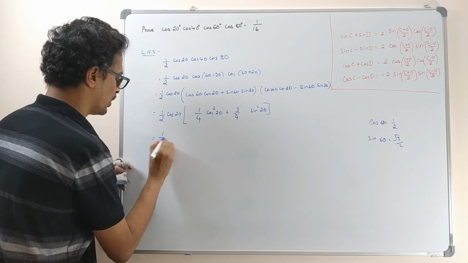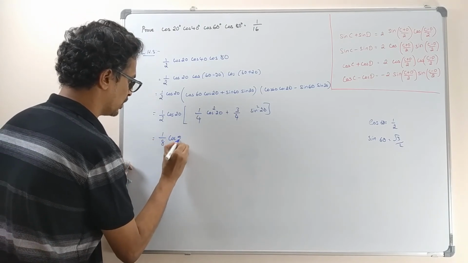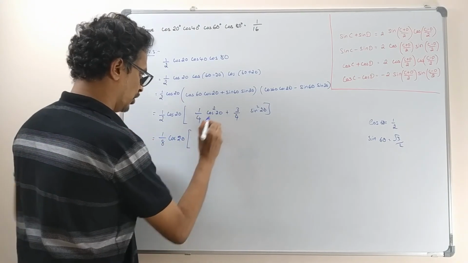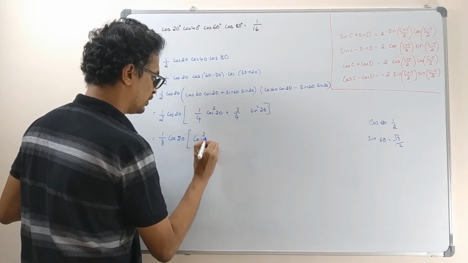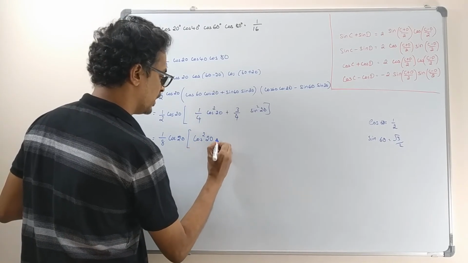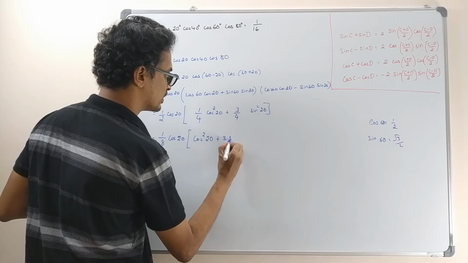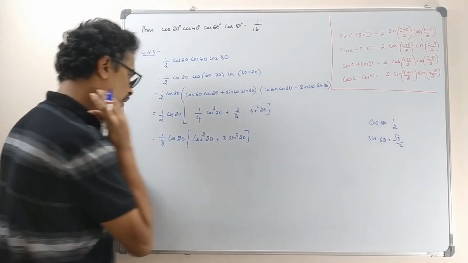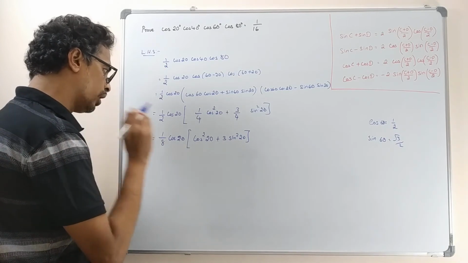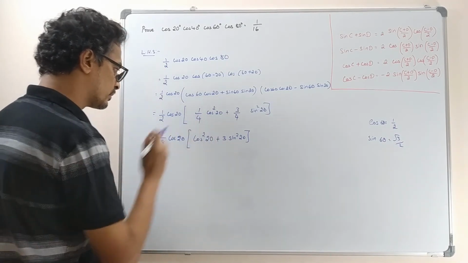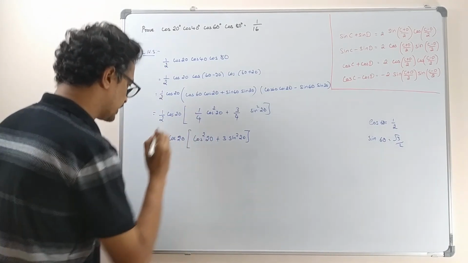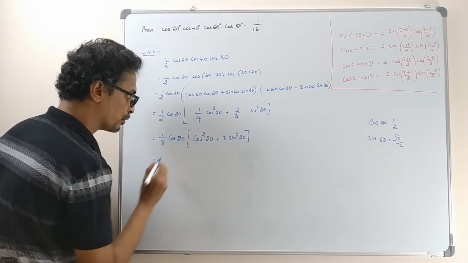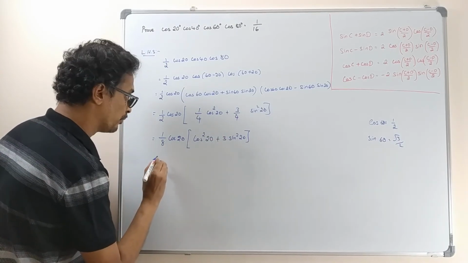So it's going to be 1 by 8 times cos 20 into cos square 20 plus 3 sin square 20. Okay? So let us express this sin square 20 as 1 minus cos square 20.